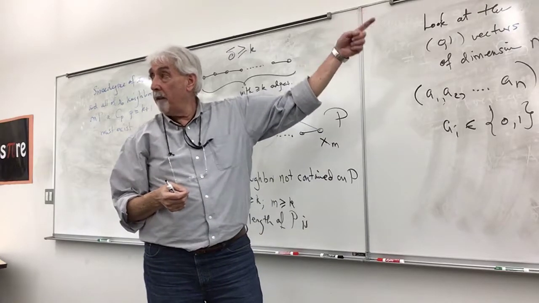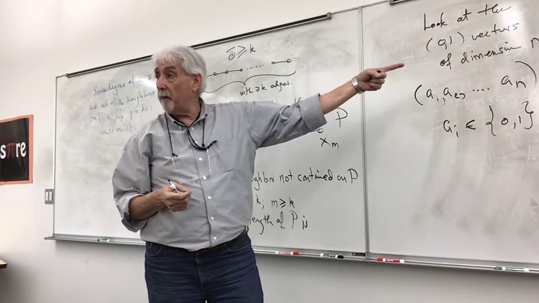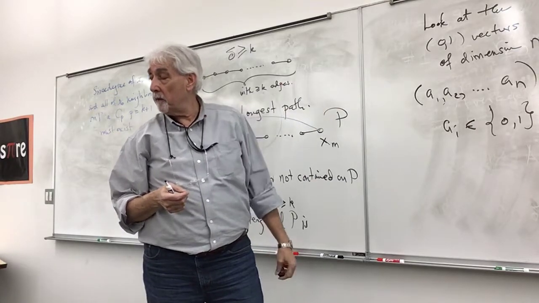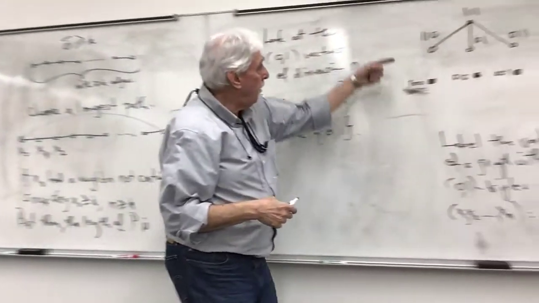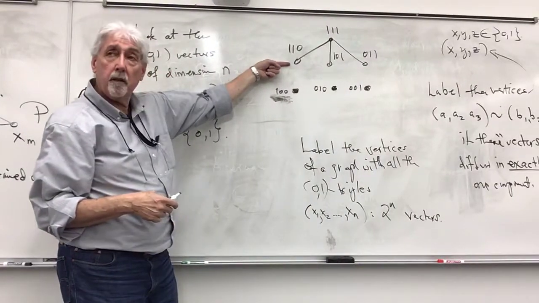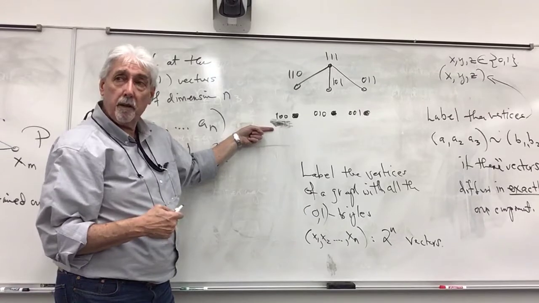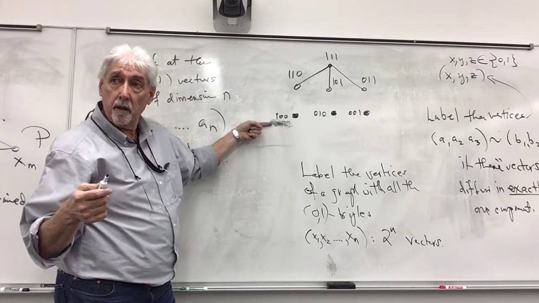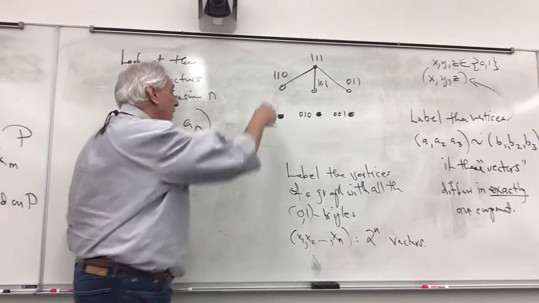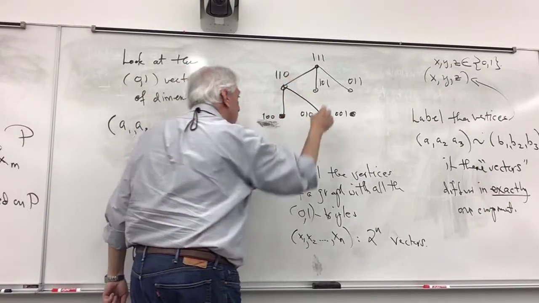No. 1, 1, 1 differs from all of these in 2 components. What about 1, 1, 0? Does it differ from any of these in exactly one component? Which ones? This one and this one.